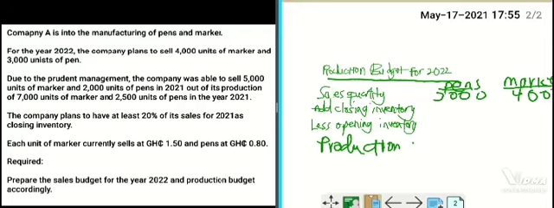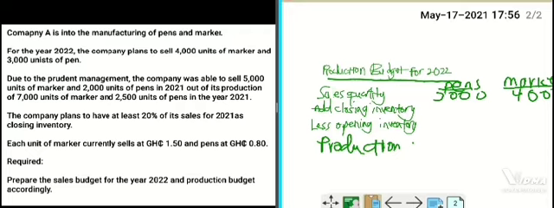Now, that closing inventory we are saying is 20% of sales for 2021. So we read from the third sentence that the company was able to sell 5,000 units of marker. So 5,000 units of marker should give us an indication that closing inventory of marker for 2022 is going to be 20% of 5,000.